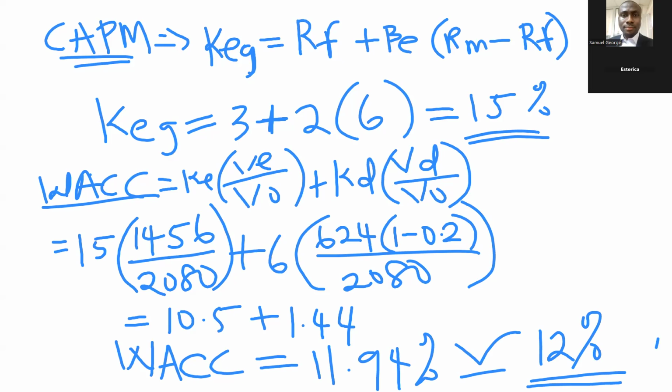So that is the project-specific cost of capital. That's what they're asking us to calculate in requirement A1. Now, if you look at question 1B, they said, assess whether KPLC should undertake the project developing and commercializing the major component of the outboard engine, assuming a discount rate of 12%.